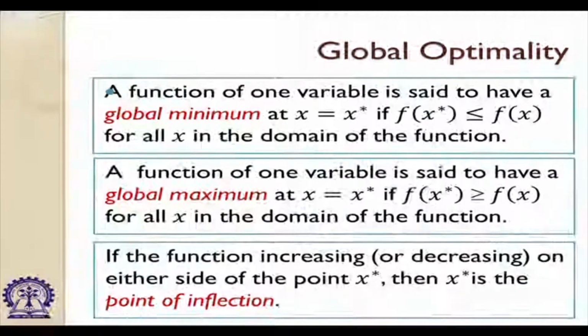With the figures, in the next class I will show you at which point we get the global maximum, when we get the local maximum, when the point of inflection comes, etc., for functions of one variable and two variables as well.